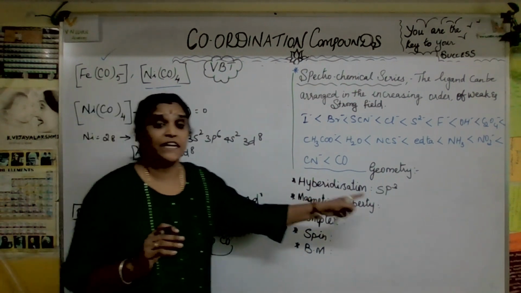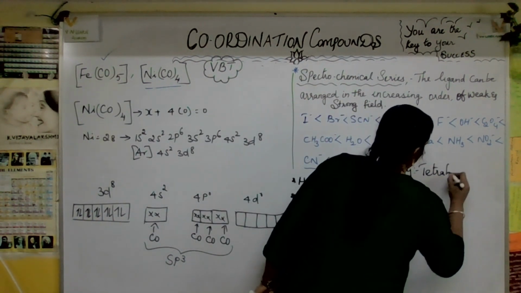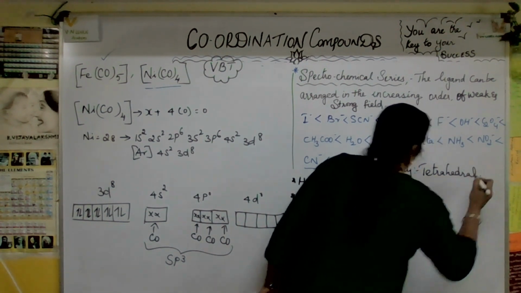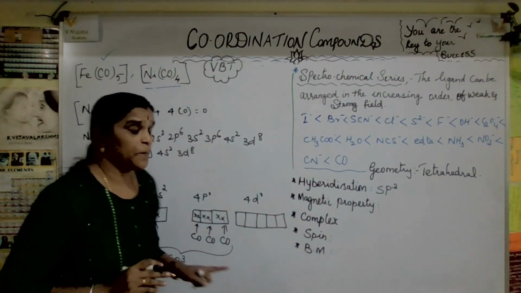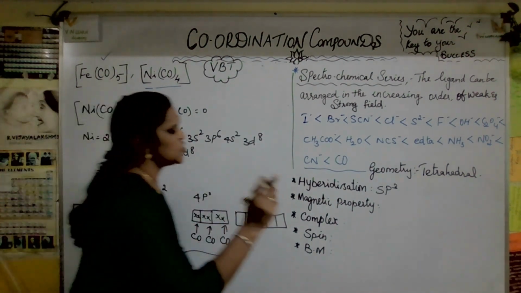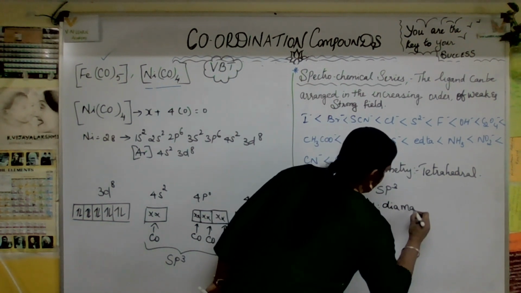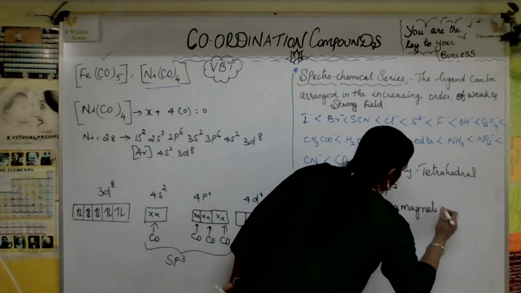So sp3 means tetrahedral geometry. Now next, magnetic property. Are there any unpaired electrons? No, there is no unpaired electron, so it's diamagnetic.